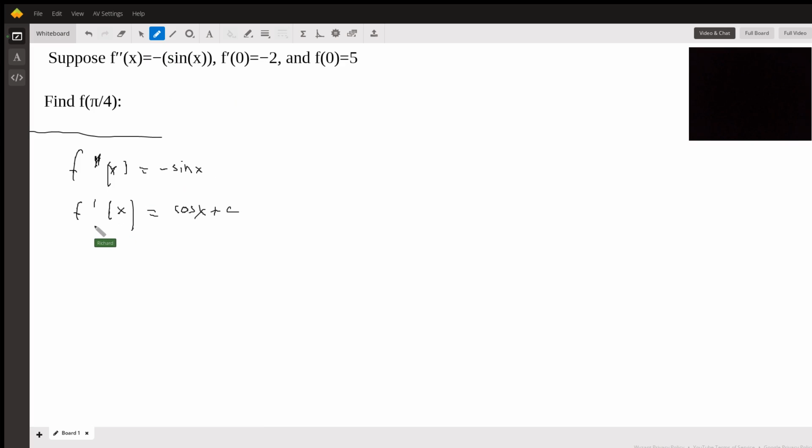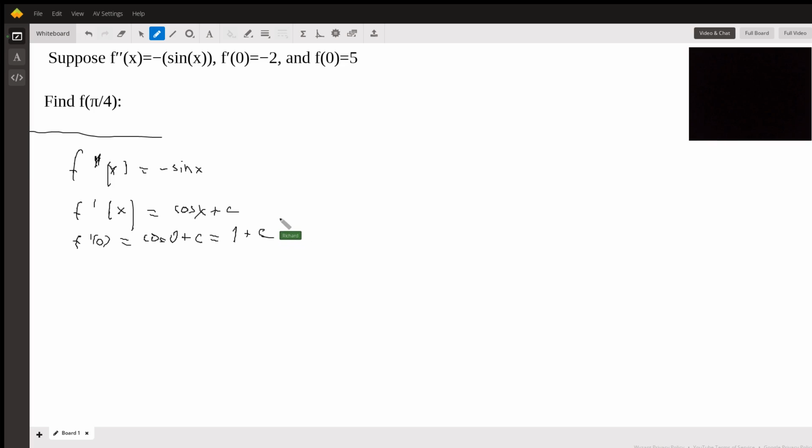Let's plug that in. f prime of 0 is going to be the cosine of 0 plus c.